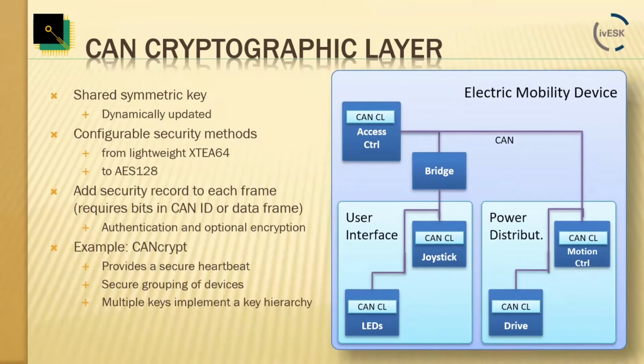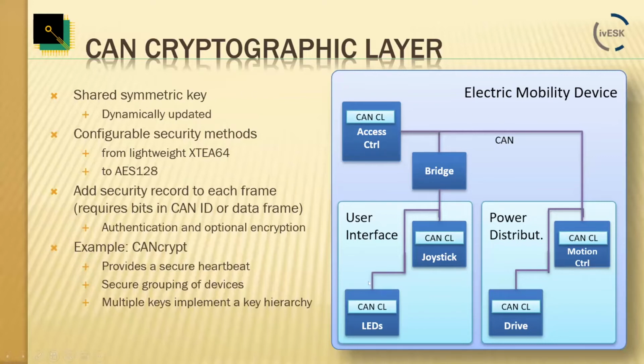Let's look at the CAN cryptographic layer. The CAN cryptographic layers that are currently already available are either part of our CANcrypt, or there are quite a few other solutions out there. Also, AUTOSAR uses some CAN cryptographic layers. These all use, as far as I know as of today, shared symmetric keys.